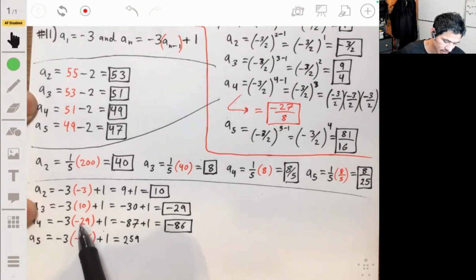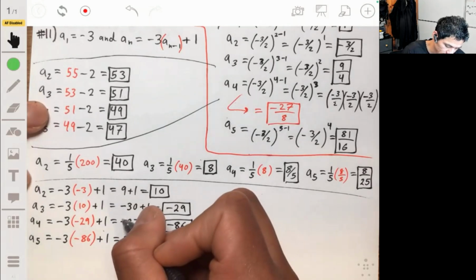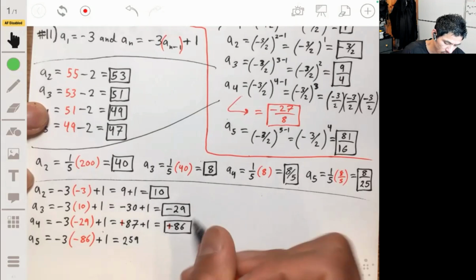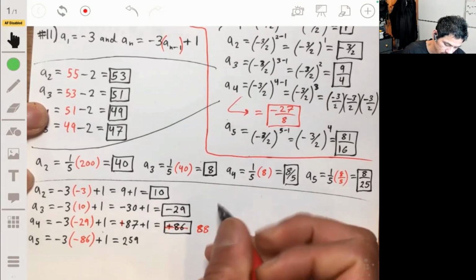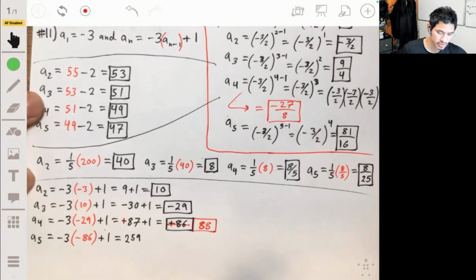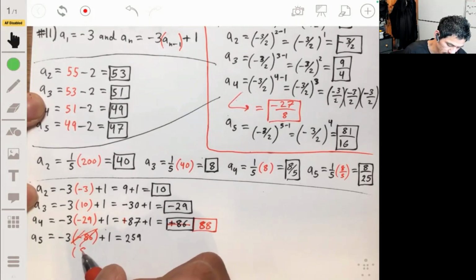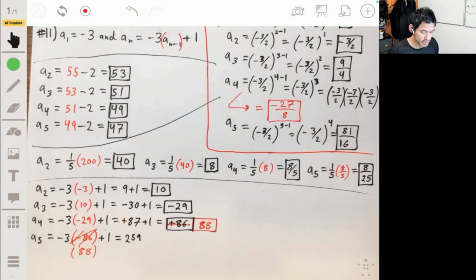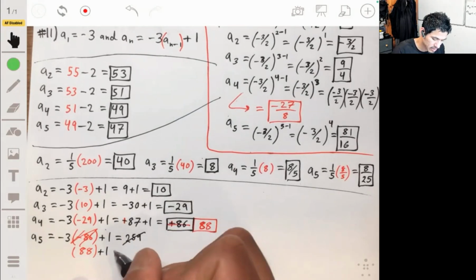-3 times -29 is +87, and +87 plus 1 will be +88. Whoops. And then this instead will be +88 times -3. Then to that we add 1, so forget about this.